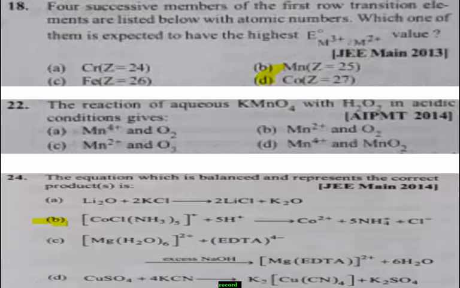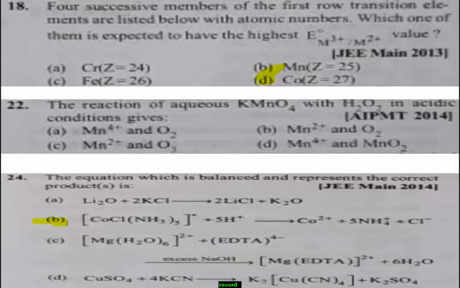In this reaction, KMnO4 oxidizes H2O2 to O2. Hydrogen peroxide gets oxidized to O2, and the permanganate ion MnO4- itself gets reduced to Mn2+ ions as MnSO4.